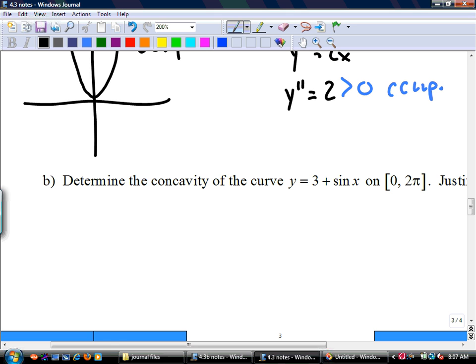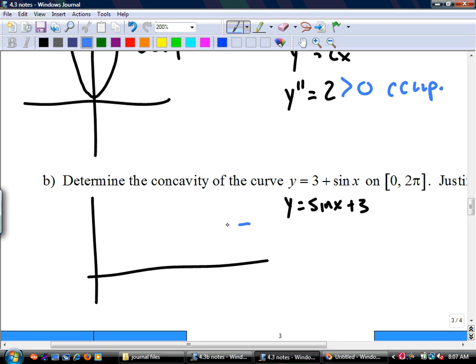Determine the concavity of the curve 3 plus sine x on the domain 0 to 2 pi. Justify analytically. Okay, we're going to get all math 12 on it. Does the plus 3 even matter? No. There's 2 pi, there's pi, there's pi over 2, there's 3 pi over 2.